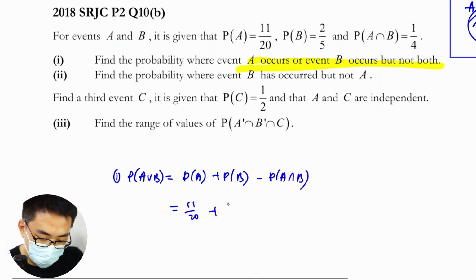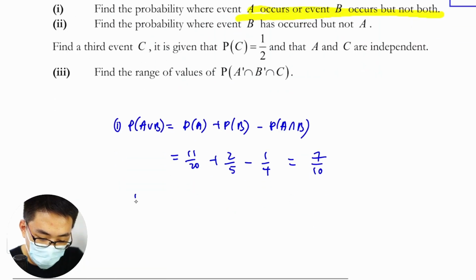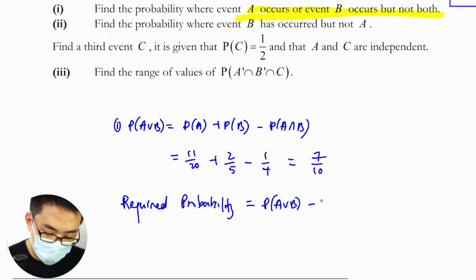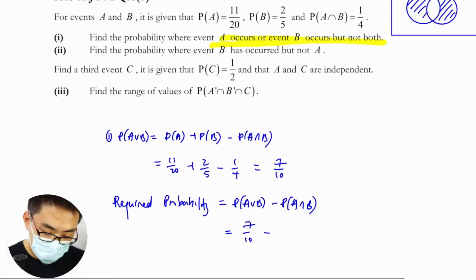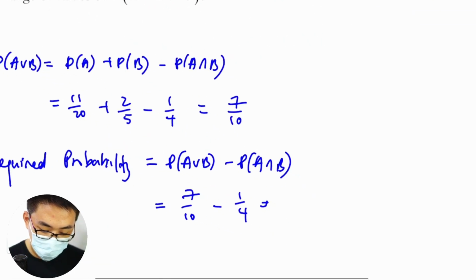P(B) is two-fifths, P(A) is 7/10. Then the required probability is P(A union B) minus 1/4, which is 7/10 minus 1/4, which is 9/20.